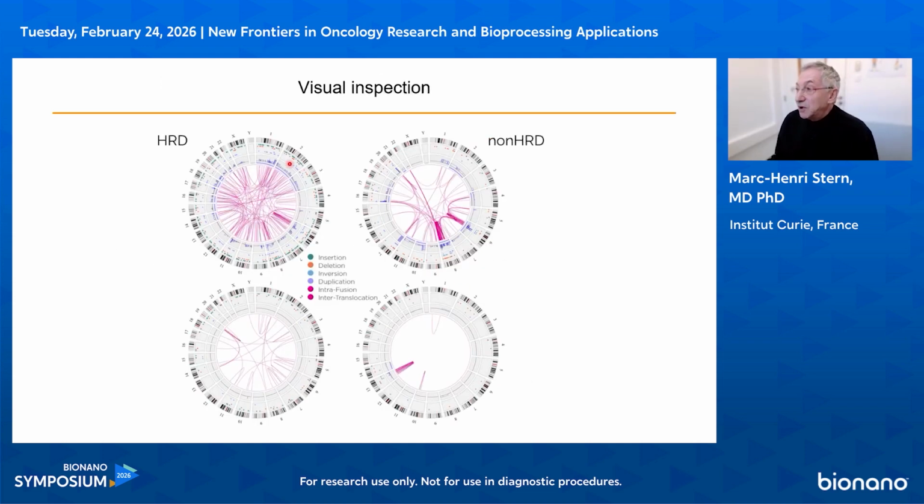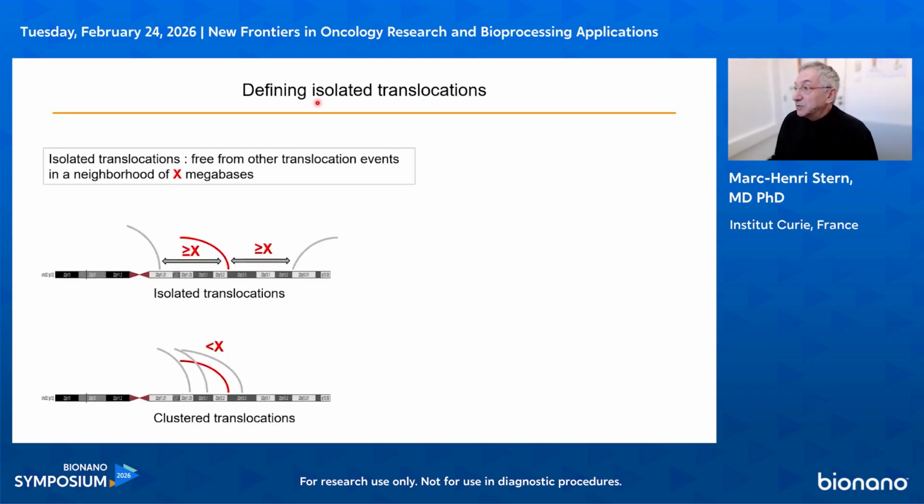Furthermore, just visualizing HRD and non-HRD samples, there was a clear difference if you look at the center at the purple lines that are indicative of translocation. So we defined another new feature that we named isolated translocation, defined as a translocation free from other translocation events within a certain distance, as compared to a clustered translocation.